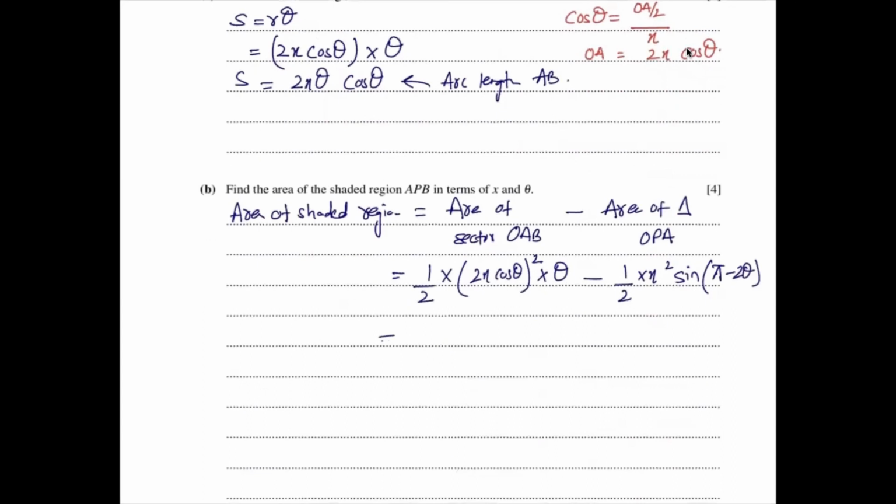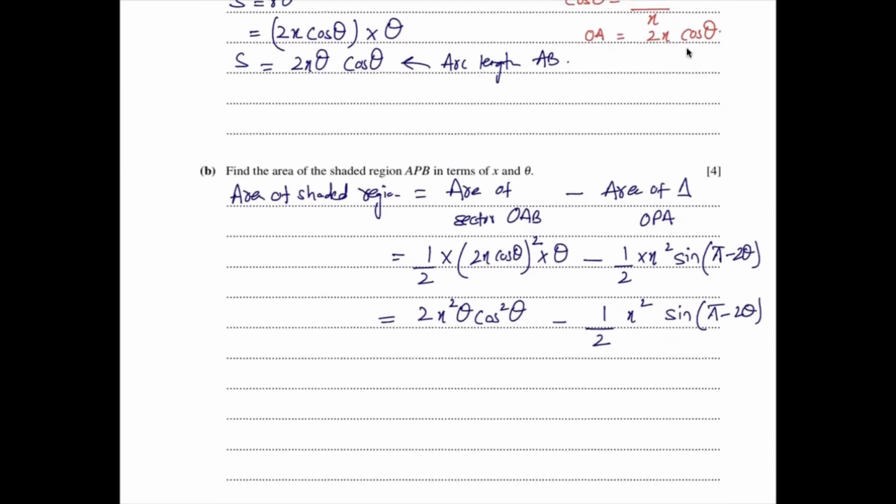Let's see if we can simplify this further. So that's going to be 2 times x square theta cos square theta minus half x square sine of pi minus 2 theta. That can be one of the answers. Let's see if that can be further simplified.